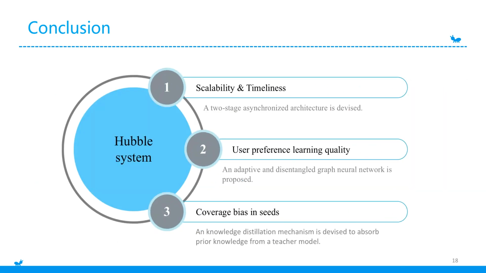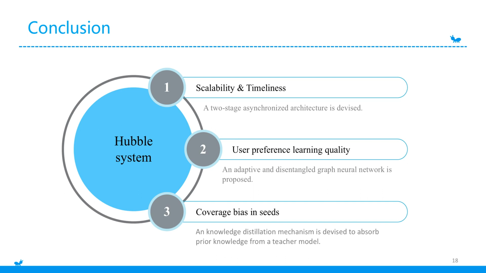In this paper, we propose the Hubble system for audience expansion in industry. To better balance effectiveness and efficiency, our proposal employs 2 stages: offline representation learning and online audience expansion. At the offline stage, we propose ADGN to adeptly explore the historical user campaign graph and generate high-quality user embeddings.